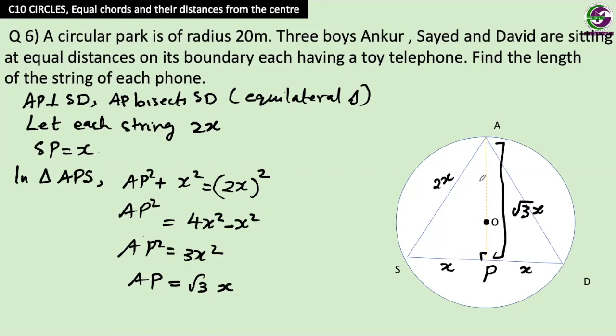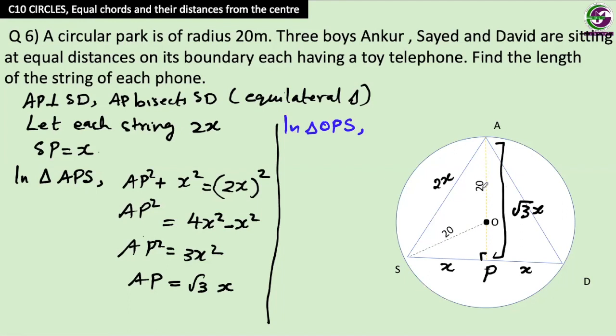But we know that this part is 20 meters because that is the radius. In triangle OPS, OP square plus x square is equal to 20 square, Pythagoras theorem again. But OP can be taken from the relation root 3x and 20. The whole length is root 3x.